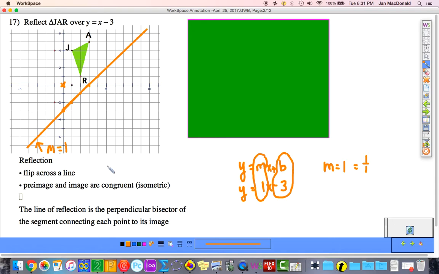What's the opposite reciprocal of 1? Well, the opposite of 1 is negative 1. The reciprocal means flip the fraction. If you flip this fraction, it's still 1 over 1. So the opposite reciprocal of 1 is negative 1. So 1 and negative 1 are opposite reciprocals.